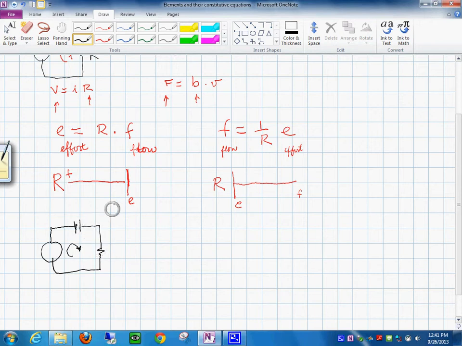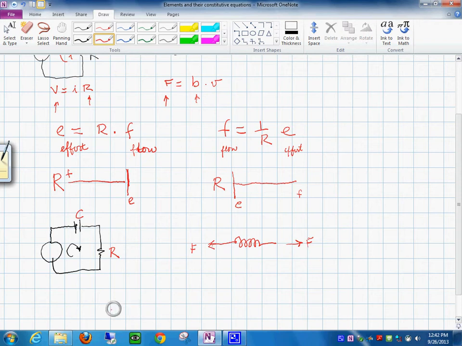In this particular case, we have this resistor here, and then you have this capacitor over here. Or in a mechanical system, you have a spring with a force. This is just as I did in the prior example.